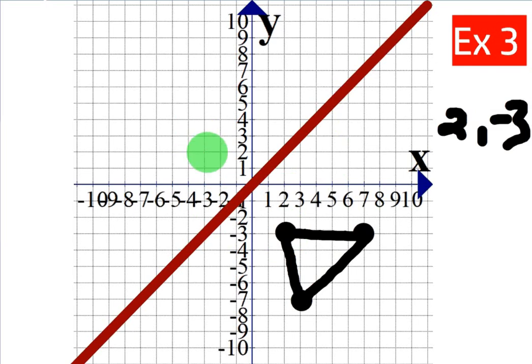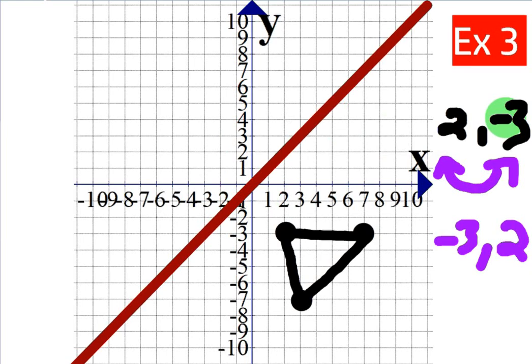So what you want to do when you reflect a point around y equals x is, first of all, you want to make sure it's the same distance away from the line. Now think about this. The line you're reflecting around is y equals x, okay? So actually what's going to happen is you're going to just flip these two values to get your new point. So we are going to exchange these values, which means the new point is going to be -3, 2, okay?